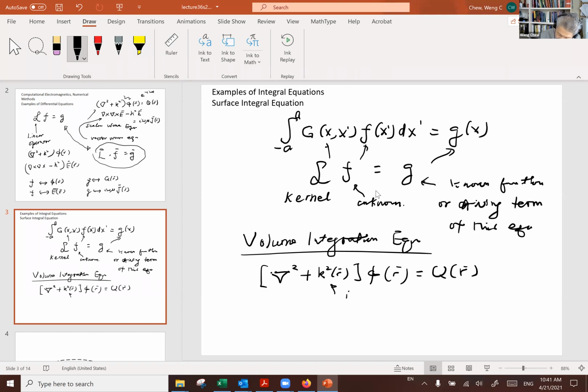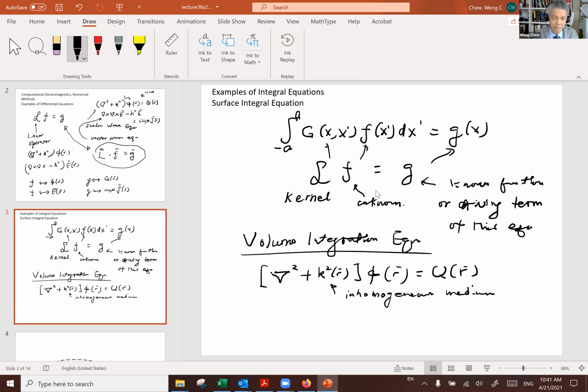Okay, this is inhomogeneous, or involves inhomogeneous medium.